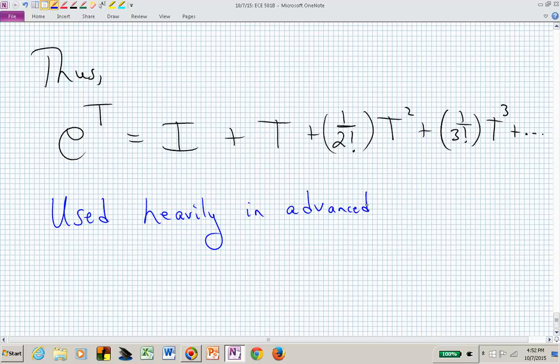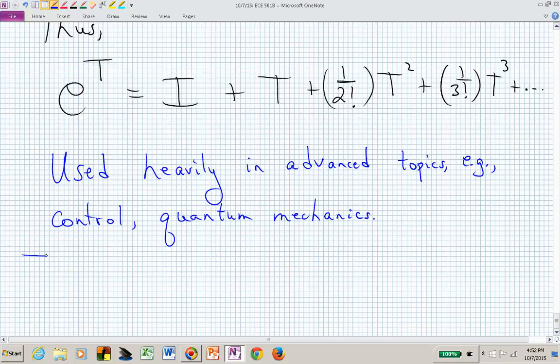So this is used heavily in advanced topics, for example control, and maybe even some quantum mechanics. If you're playing with quantum mechanics, you might need to find the exponential of a matrix.